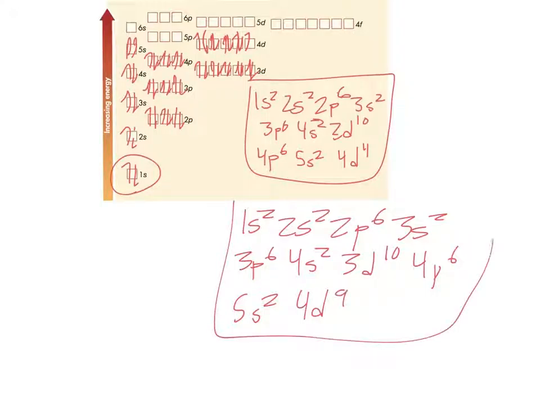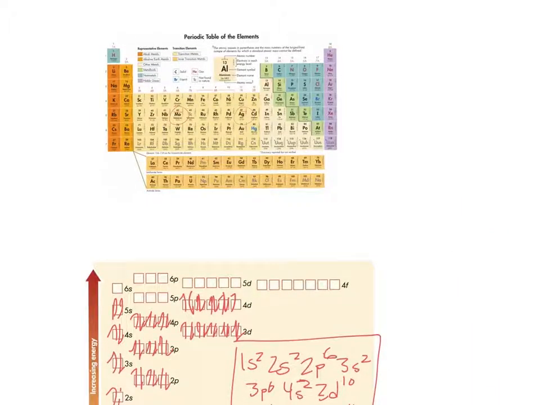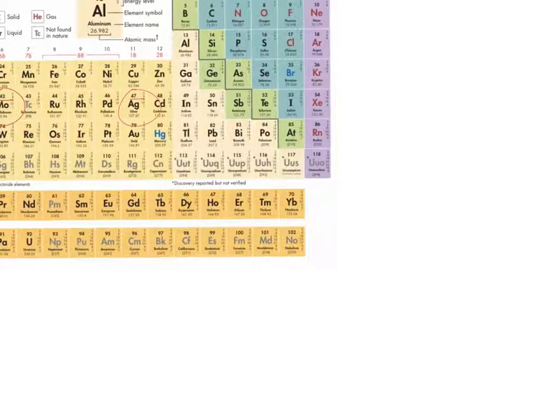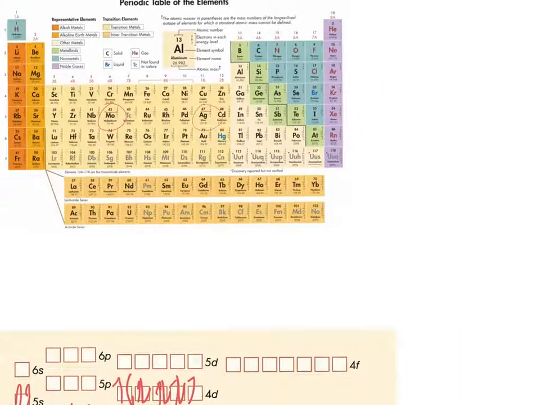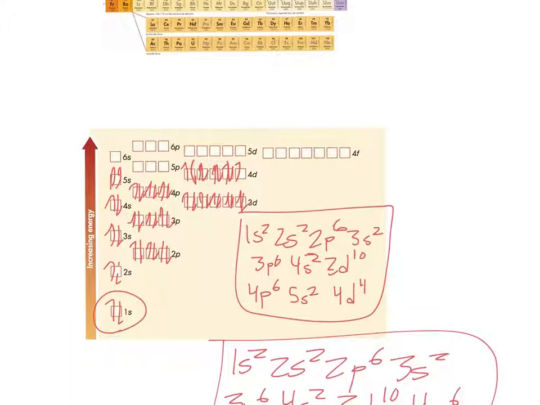To simplify these, since they're pretty long, we can use the noble gases, right? These noble gases have full orbitals, so we can simplify all those numbers in the beginning. Since krypton right here is 36, we can simplify it.